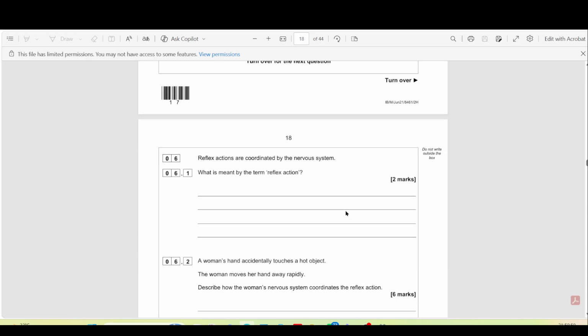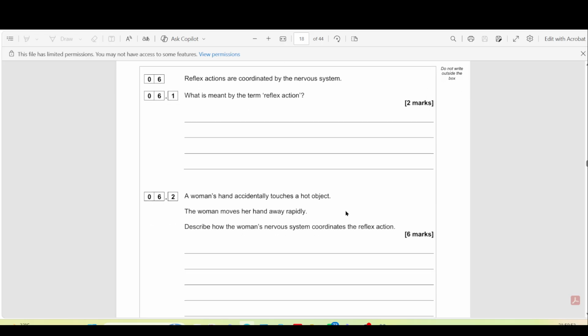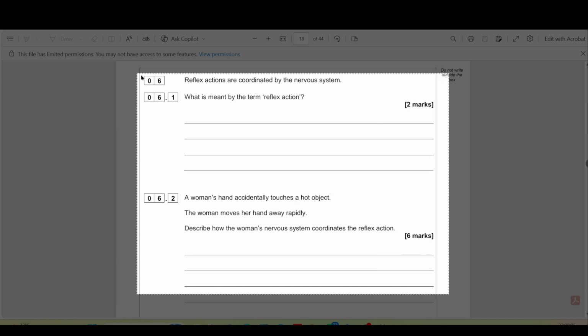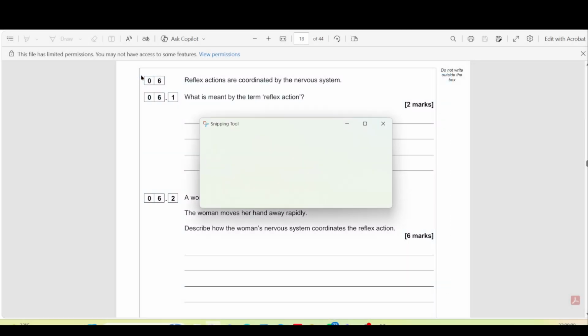Reflex actions are coordinated by the nervous system. What is meant by the term reflex action? It's an action that happens in response to harm, like pulling your hand away from fire.